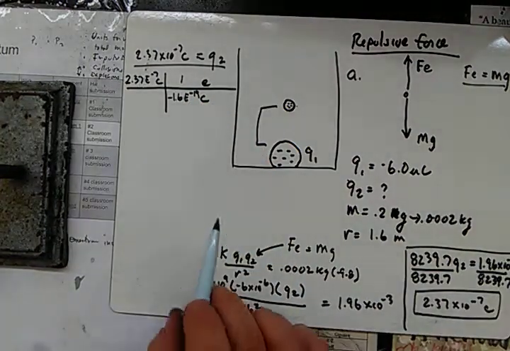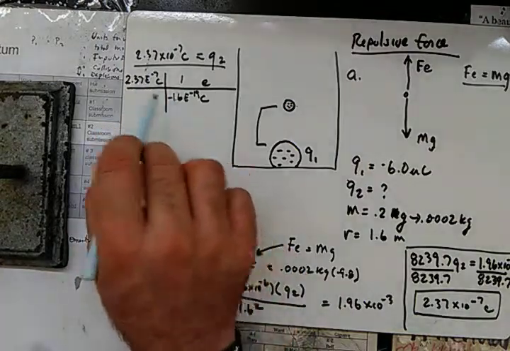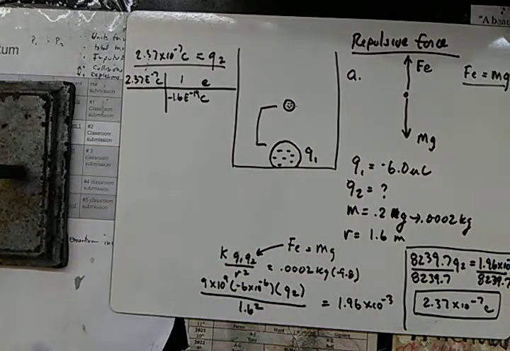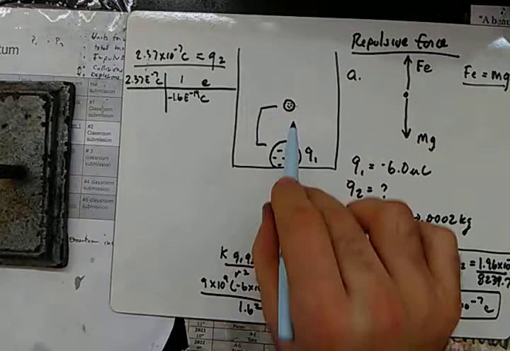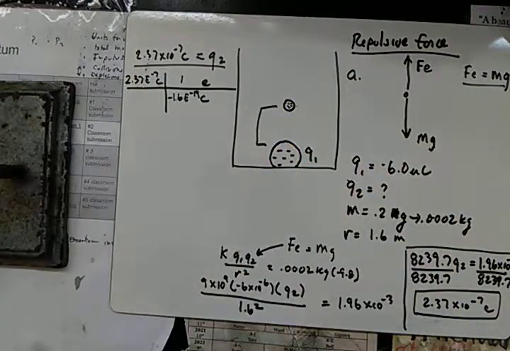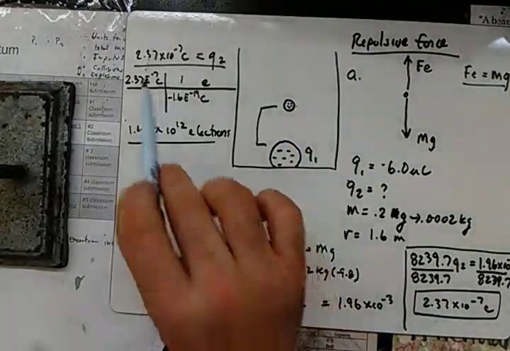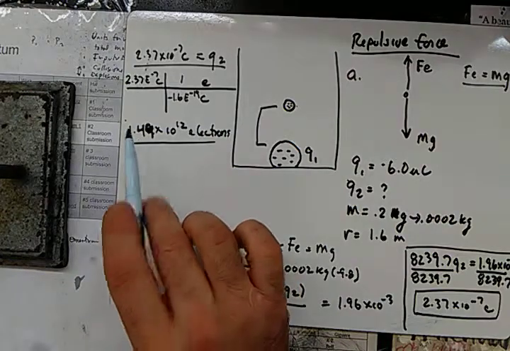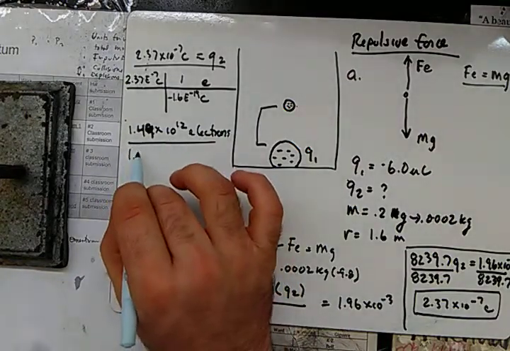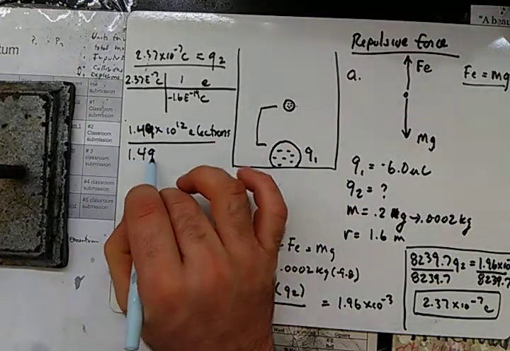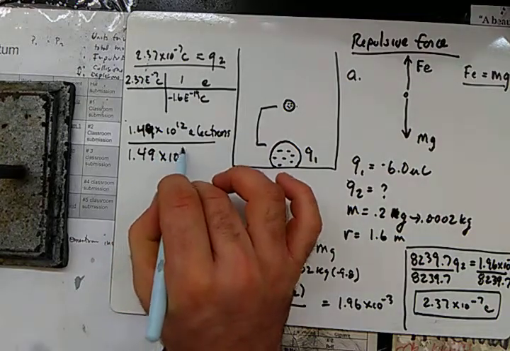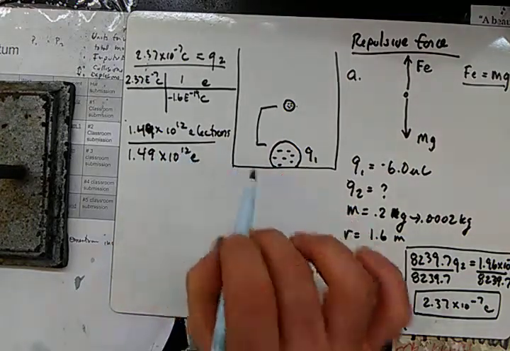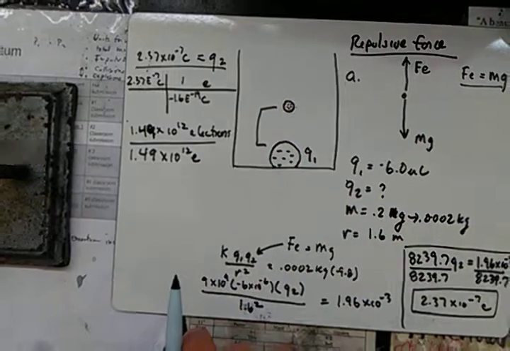So I can figure out by dividing these two how many electrons there are on that surface, which I think is pretty cool. After doing the division, I found out that there are 1.49 times 10 to the 12th electrons on that surface.